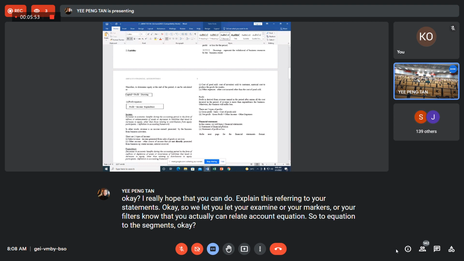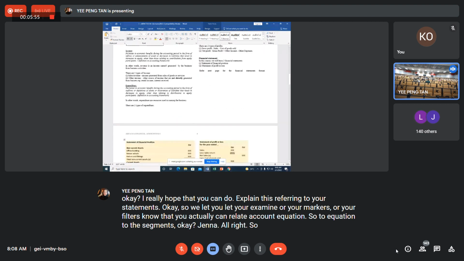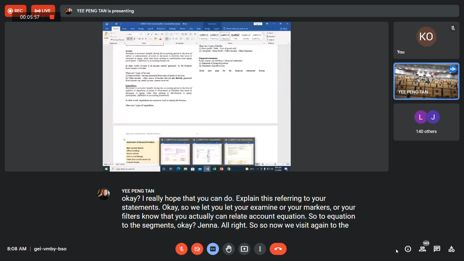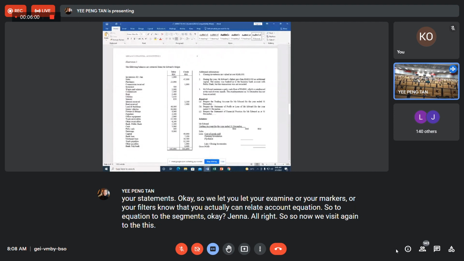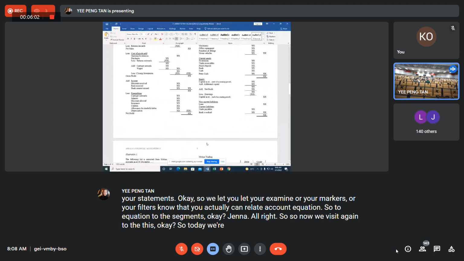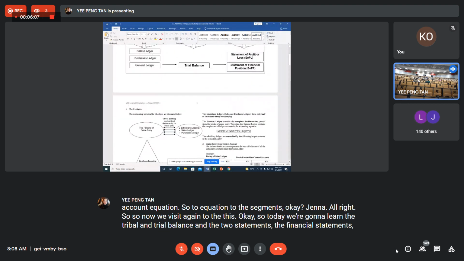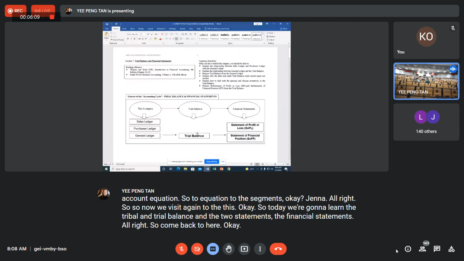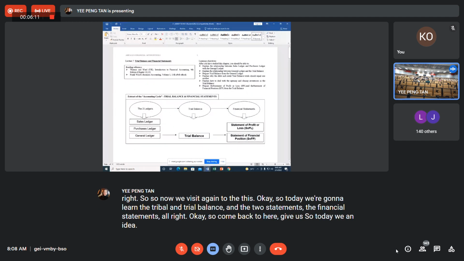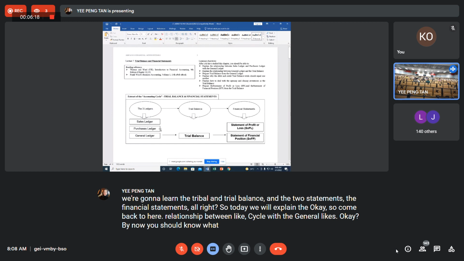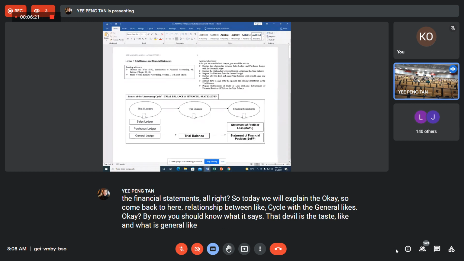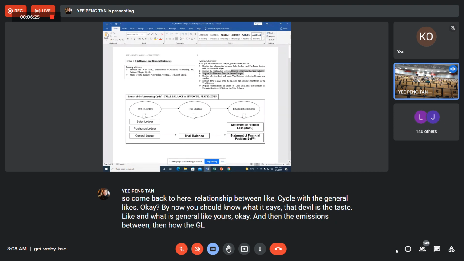So now we revisit this. Today we are going to learn the trial balance and the two financial statements. We will explain the relationship between the sales ledger and purchase ledger with the general ledger, and how the GL posts to the trial balance.